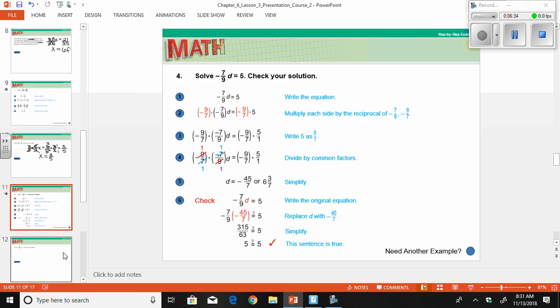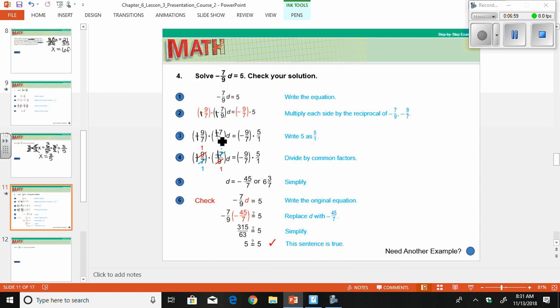Solve -7/9 d is equal to 5. So again, a fraction times d. You just multiply by the reciprocal. Just because it has a negative outside doesn't change the process. So we multiply by -9/7 because 2 negatives make a positive, and we can get rid of them here. And as you can see, 9's cancel, 7's cancel.